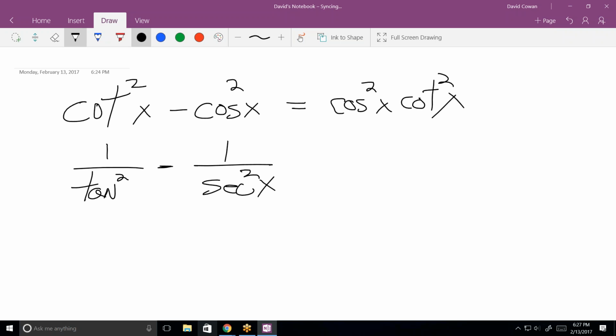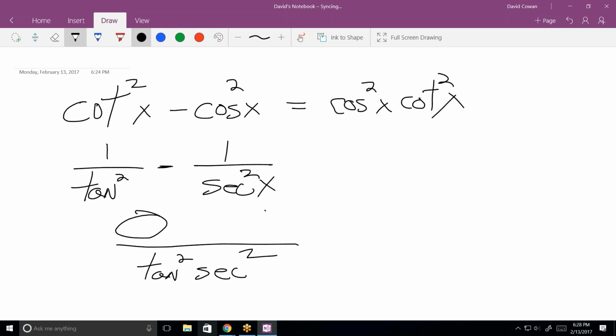Now, whenever you have two fractions being added or subtracted, usually a good idea to go ahead and do the algebra. What's the common denominator? Tan squared times secant squared of x. Just write it like that. What goes up here and what goes right there?